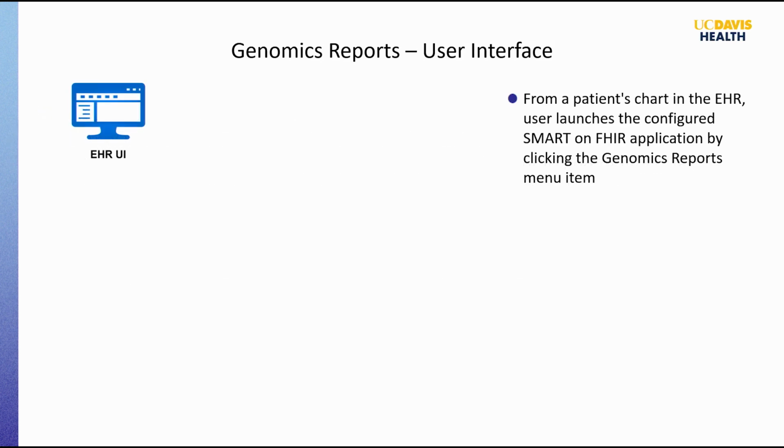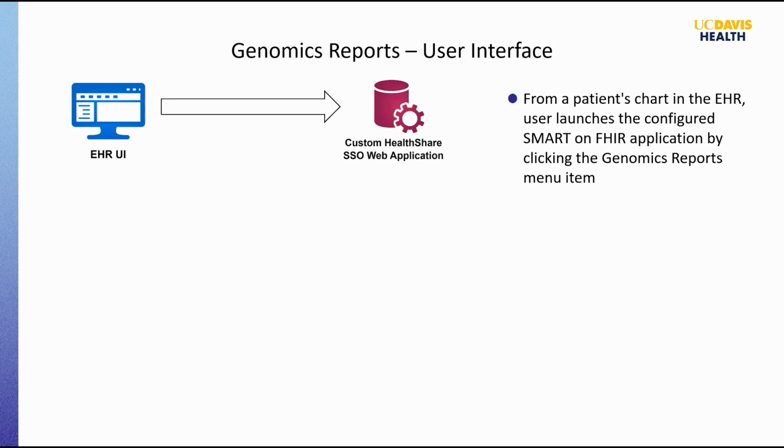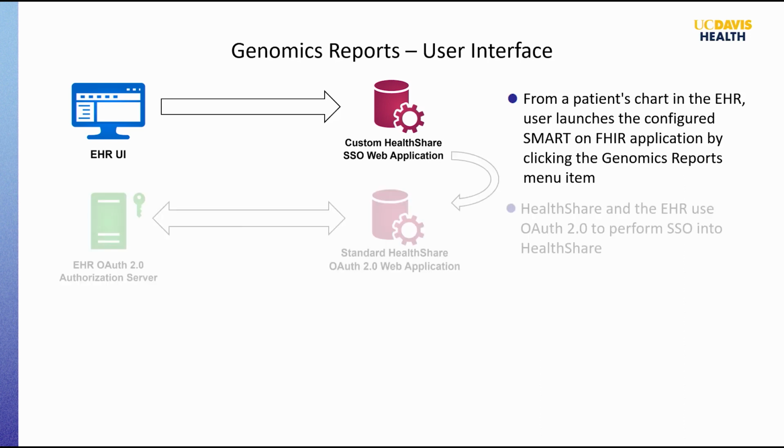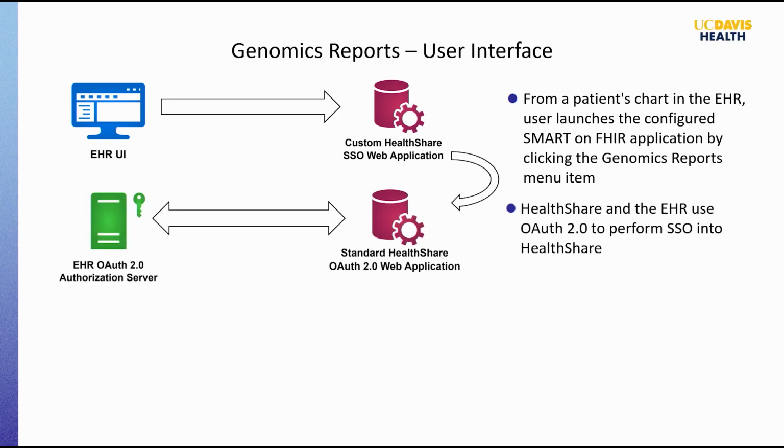So here, a provider is logged into a patient's chart in the EHR, and they launched the Smart on FHIR application. And this is done by clicking the Genomics report menu item. So that establishes a session into HealthShare, and both HealthShare and the EHR, which is Epic, use OAuth 2.0 to perform the single sign-on onto HealthShare.